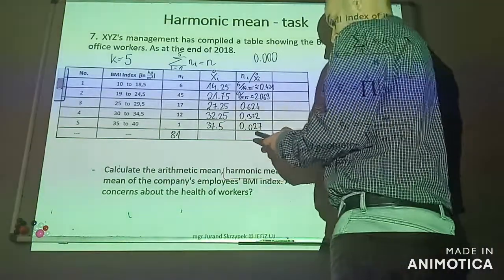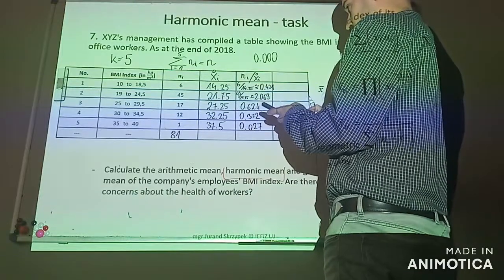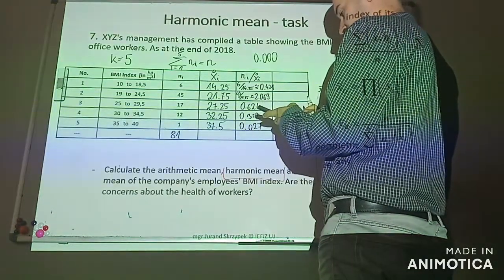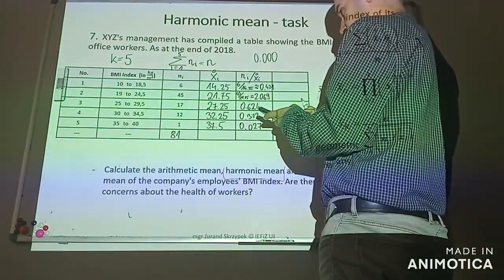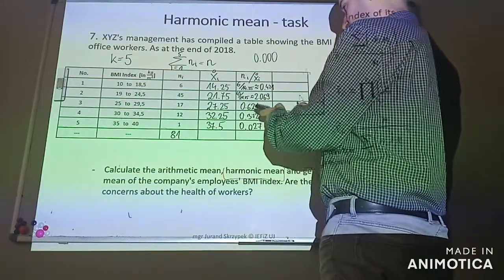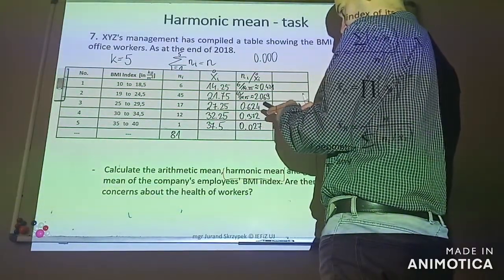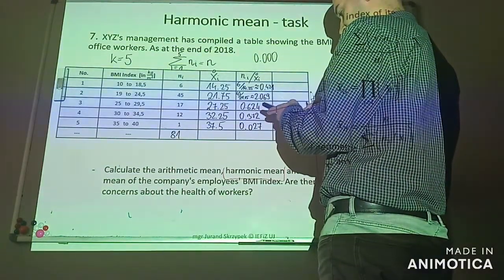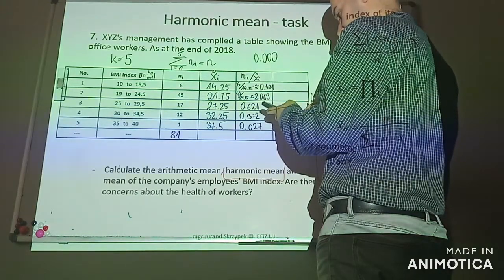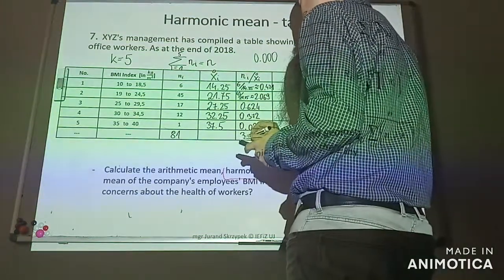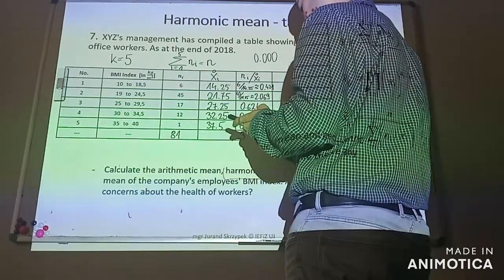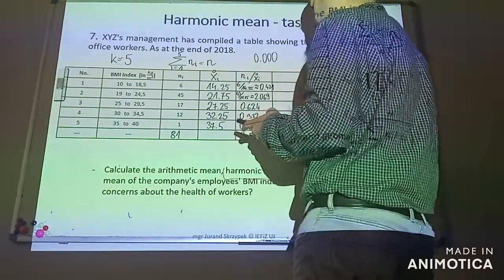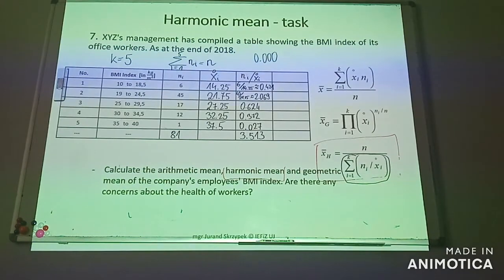So, 0.421 plus 2.069 plus 0.624 plus 0.372 plus 0.027, and the sum is 3.513. Yeah, exactly.